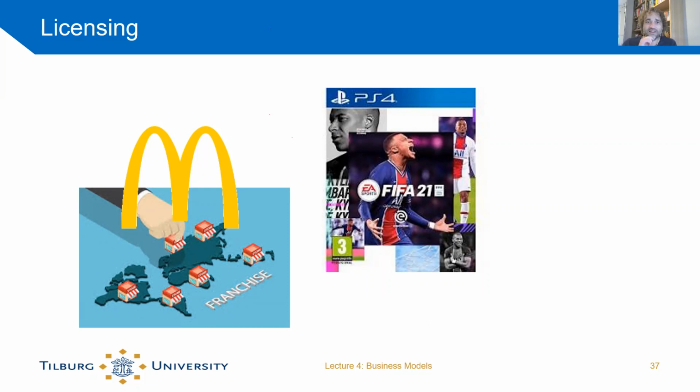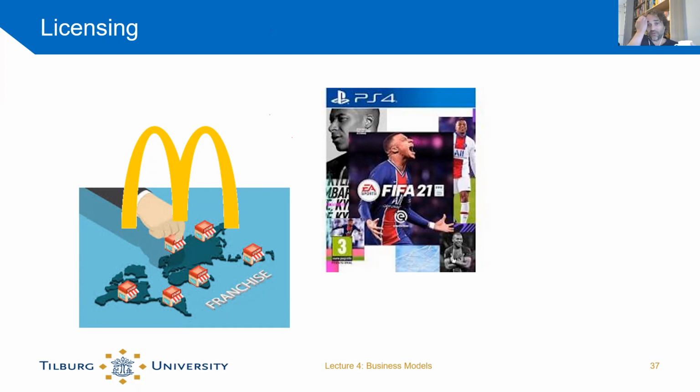And of course, you see that in supermarkets as well. Supermarkets are often franchised as well. So a lot of Albert Heijn's or supermarkets are franchised. So, for example, my Albert Heijn here is its own company, its own BV in the Dutch system, but they are franchised by Albert Heijn.